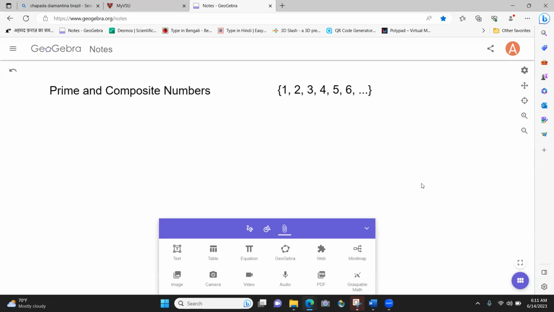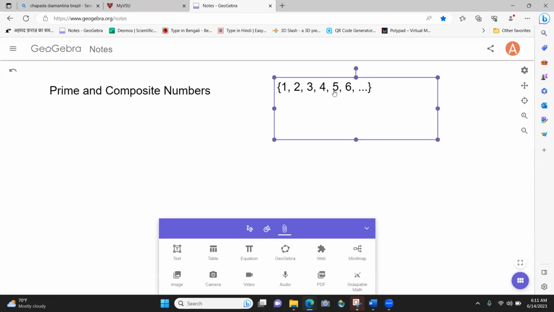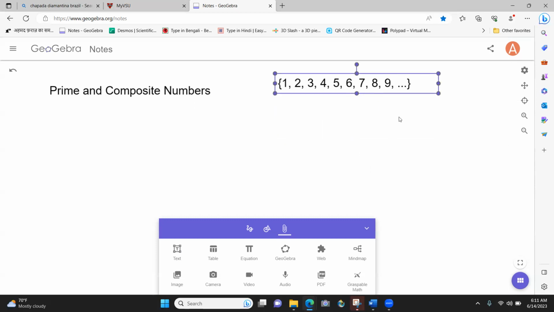So prime numbers have exactly two. Let's list a few more, guys. 7, 8, 9. Now your book defines prime numbers a little differently, guys. I'm going to define it like this. I'm going to tell you why. Prime numbers are a number from this set that has exactly two divisors from this set.